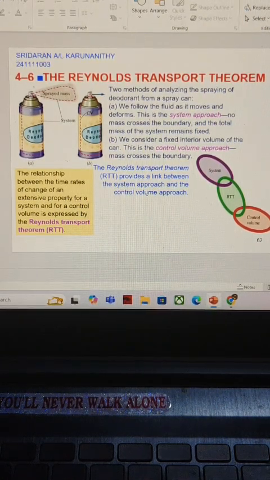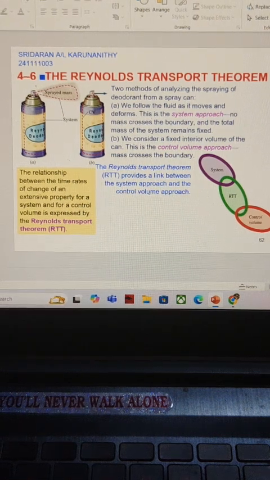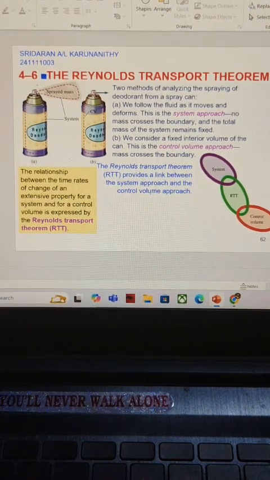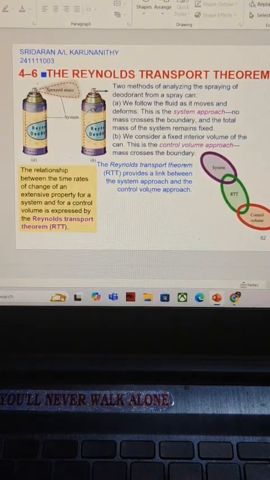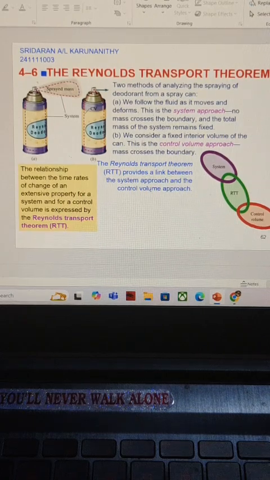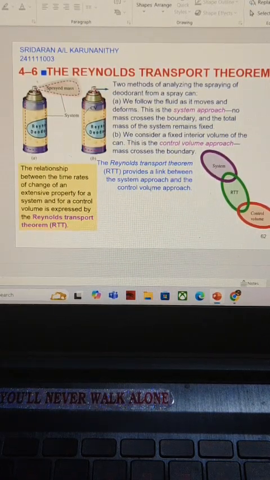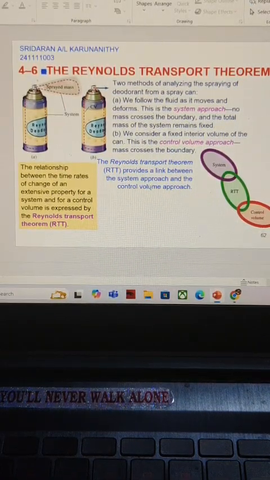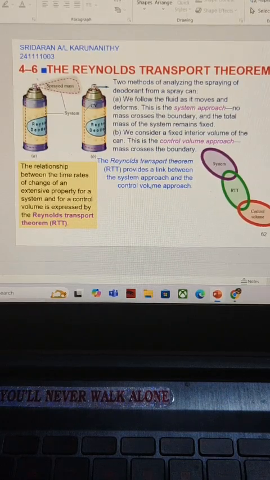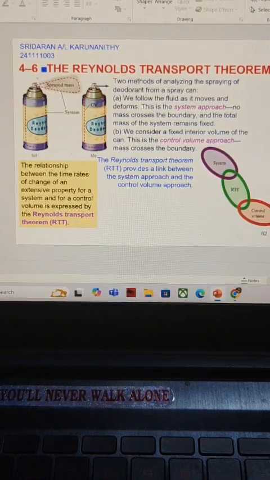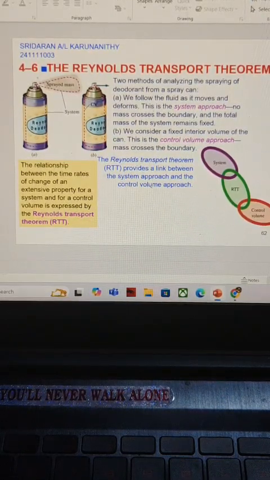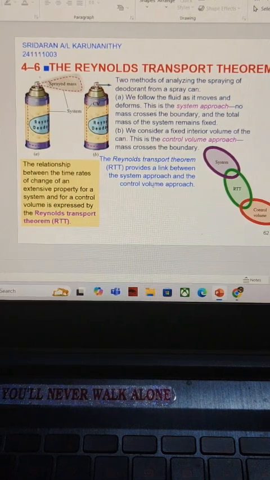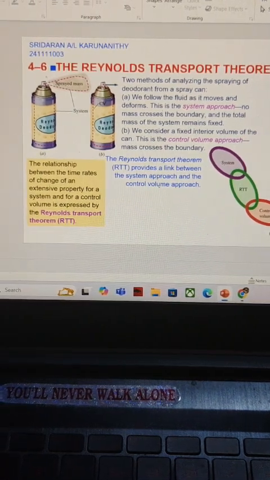Second, we have the control volume approach. Instead of tracking particles, we focus on a fixed interior volume within the can, allowing mass to cross the boundaries. RTT bridges these two methods by expressing the relationship between the time rate of change of an extensive property for the system and for the control volume.